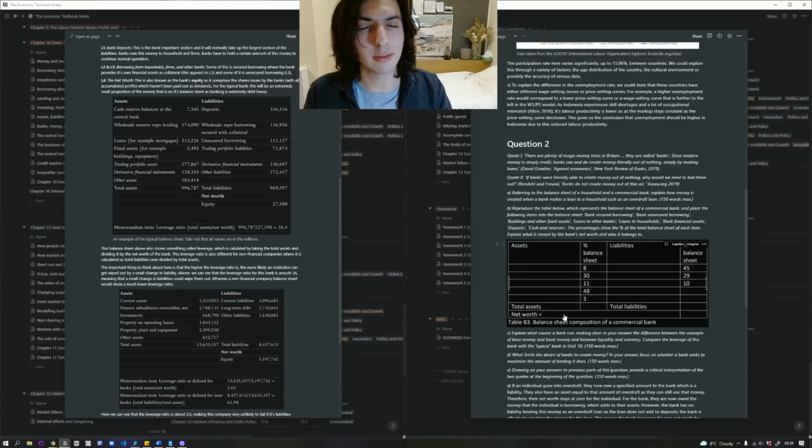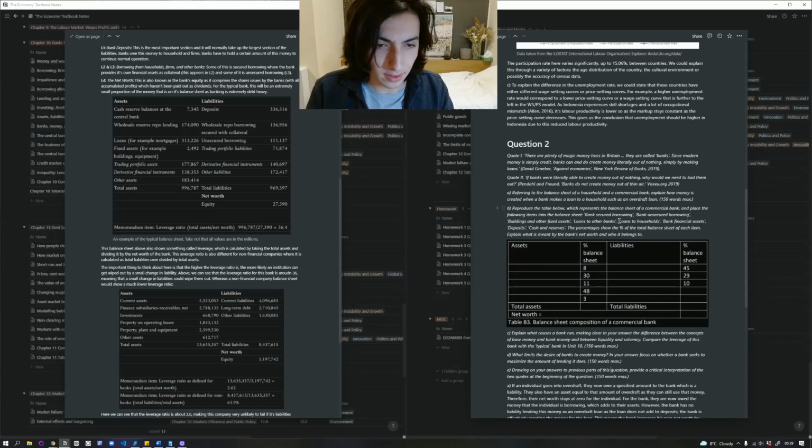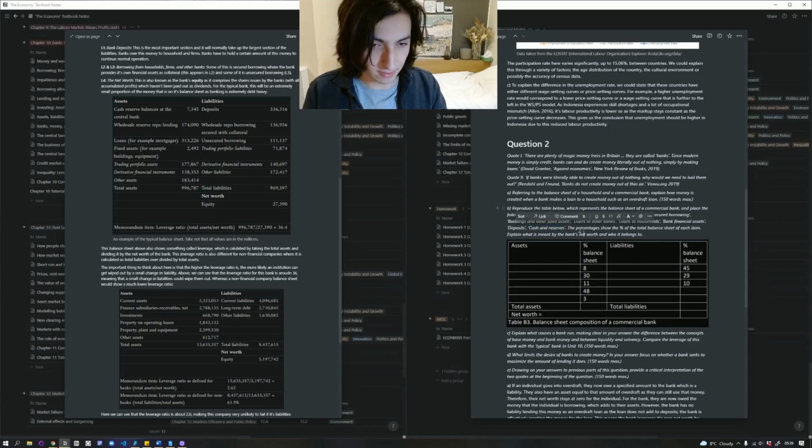The other three are a little more tricky. Loans to other banks is going to be 11 because it's somewhat in the middle. At least that was my guess. And then for the second lowest and lowest, we are told that we have cash and reserves left, and we have buildings and other fixed assets. So the fixed assets is going to be the lowest because it just involves the operation of the bank.